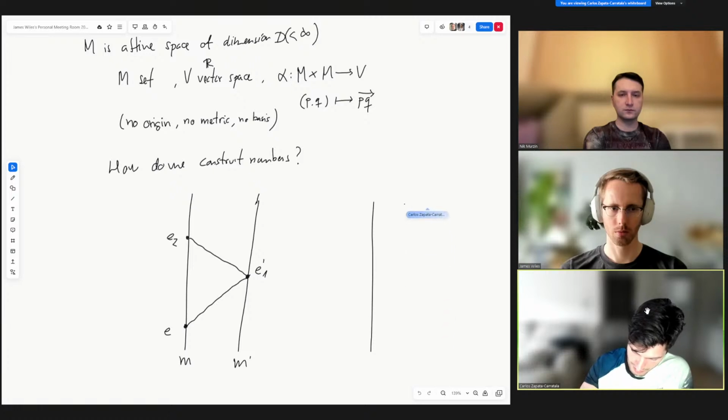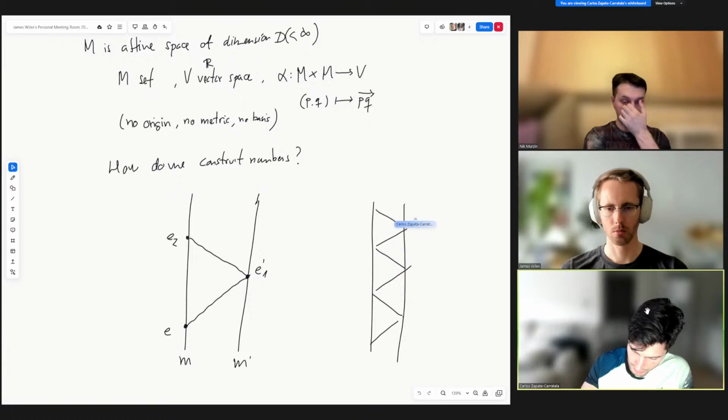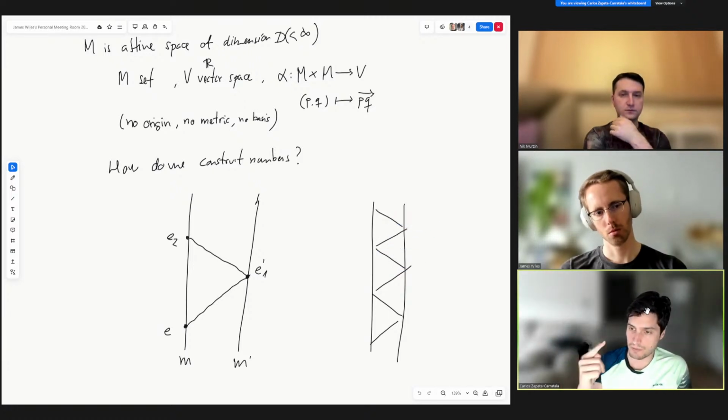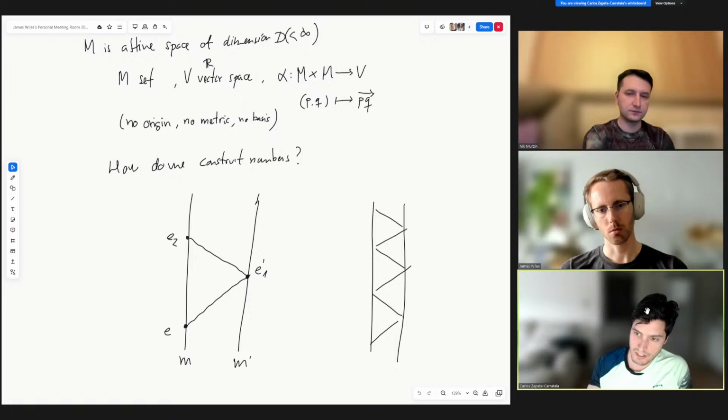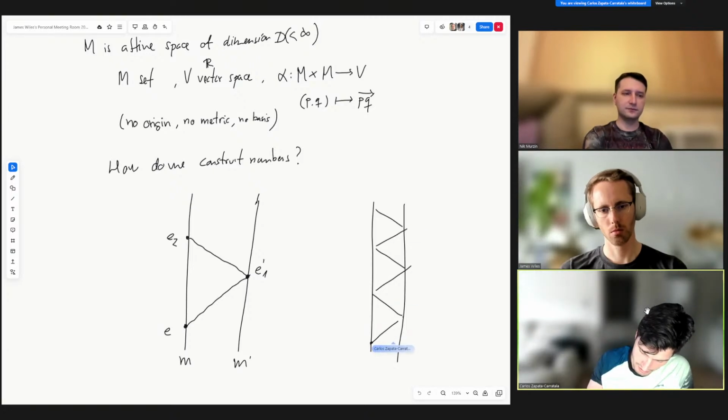So you have the idea that you do this, and then you have this sort of ladder, which is the picture of the bouncing light between mirrors, essentially, right? And so you define here E2, E4, E6, and this is the E prime 1, E prime 3, E prime 5, right?